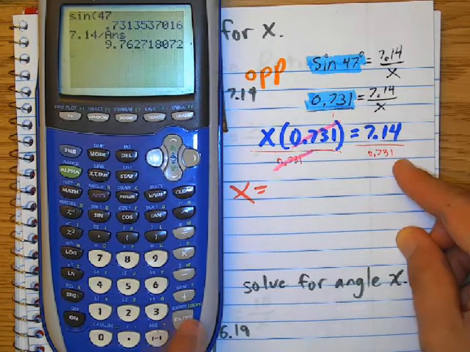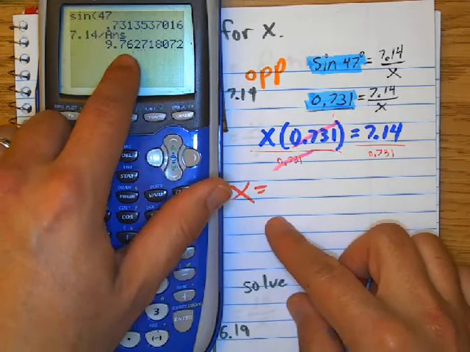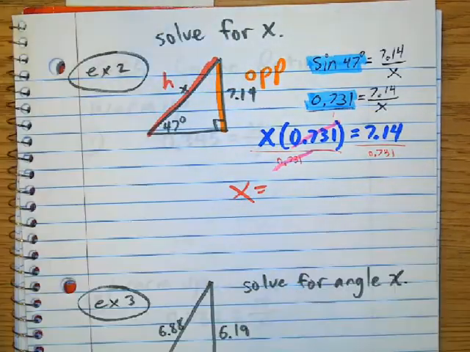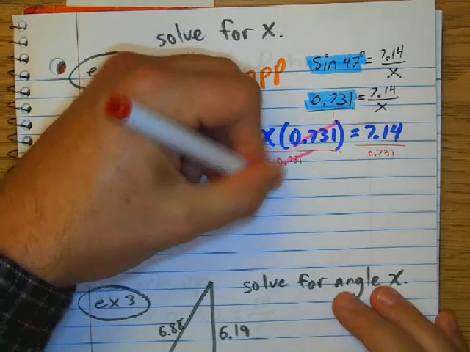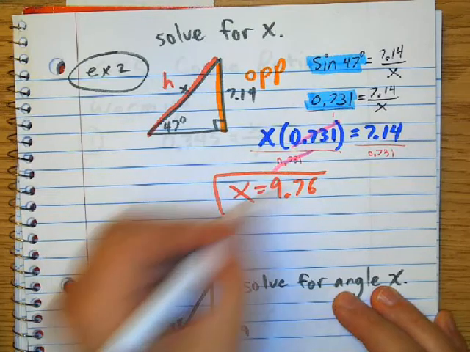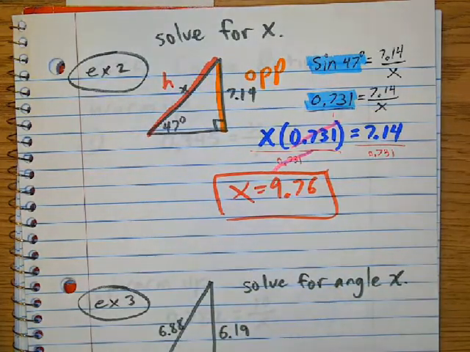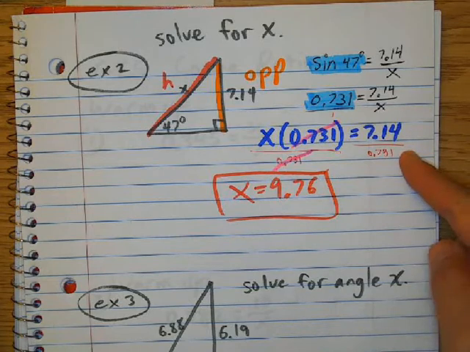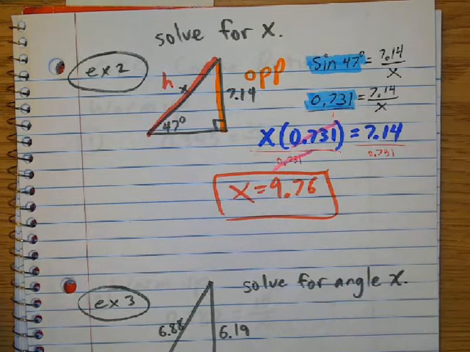And then I get 9.76. So 7.14 divided by 0.731 is going to give me this answer.